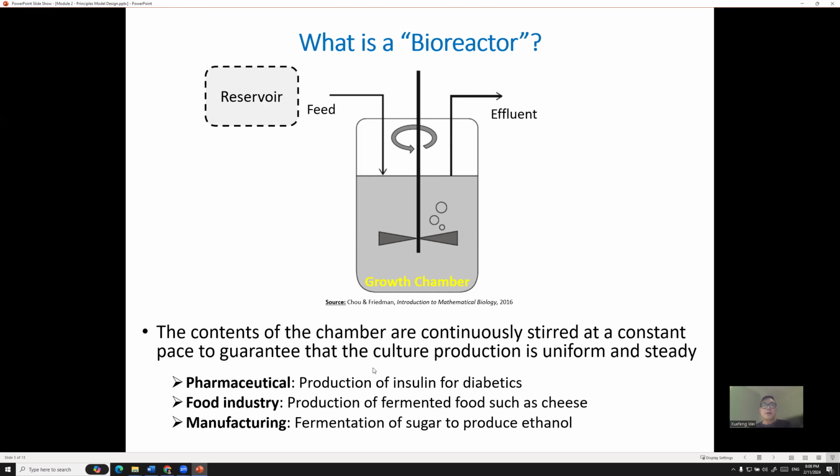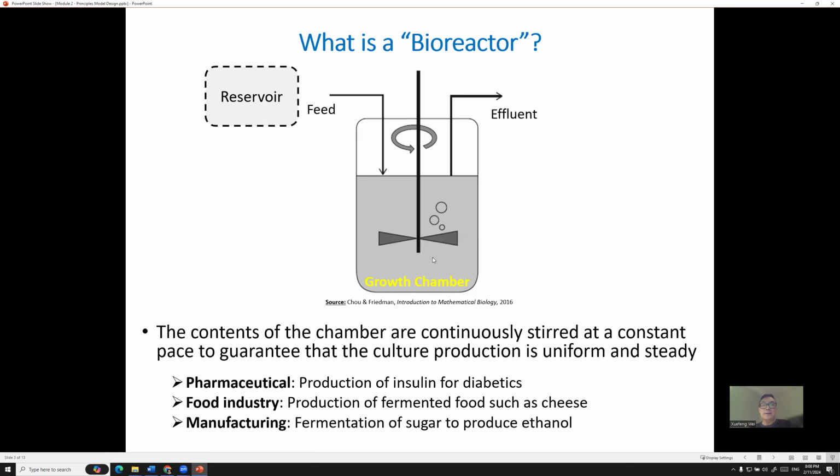In this chamber, the fluids and bacteria are continuously stirred so that we can assume that the distribution of the microbial mass, or bacteria, within the chamber is both uniform and steady.